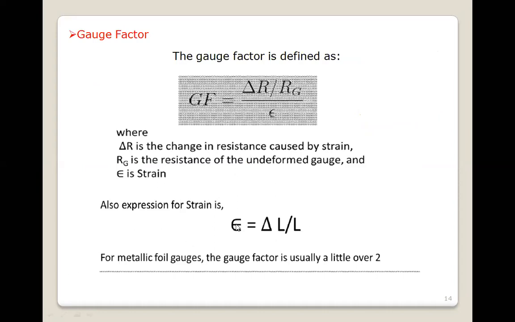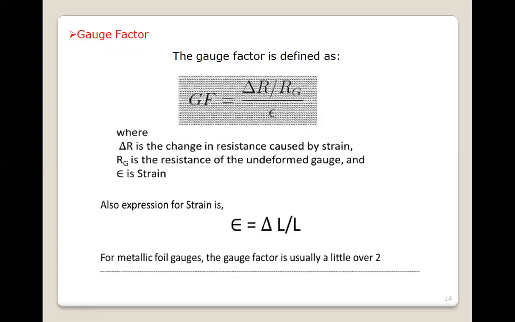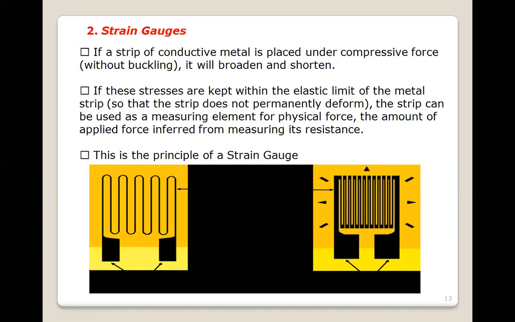And what is strain? Strain is equal to change in L by L. What is L? L is the length of the metallic foil, and del L is the change in the length of the metallic foil. Okay.